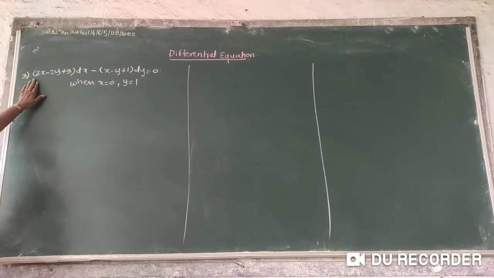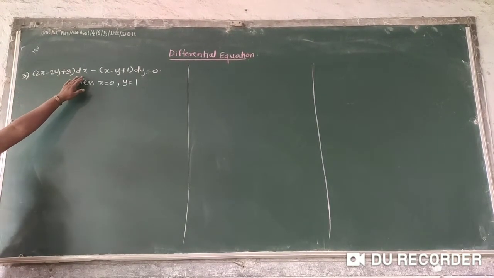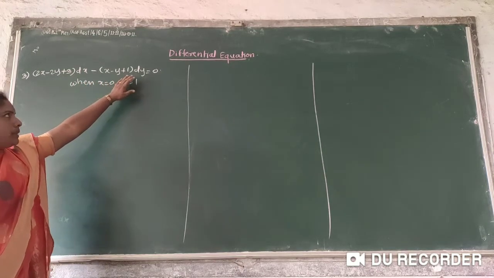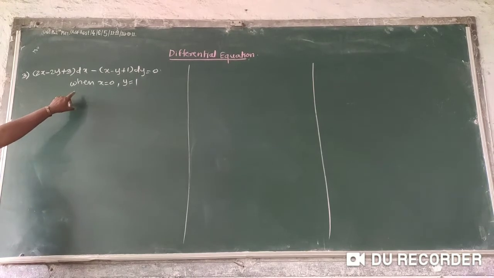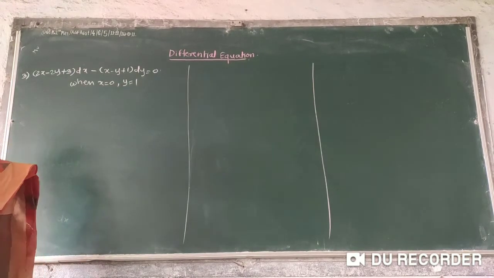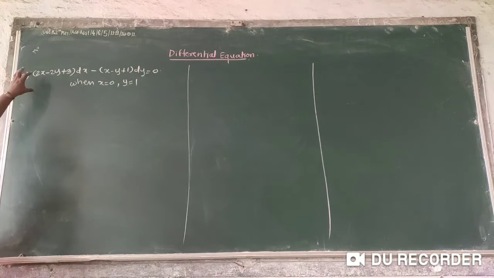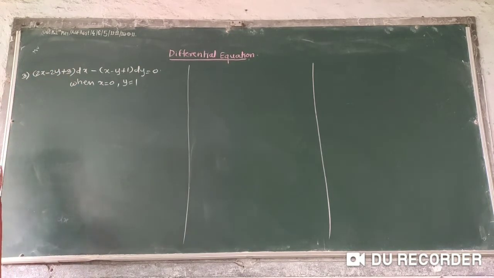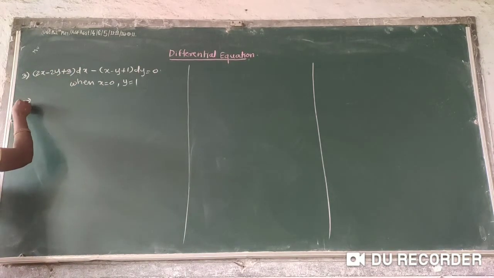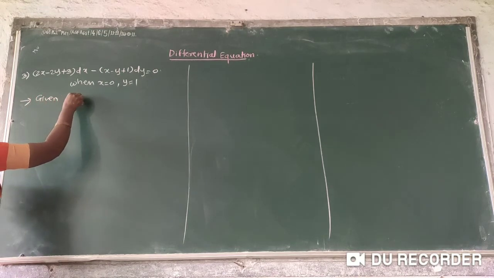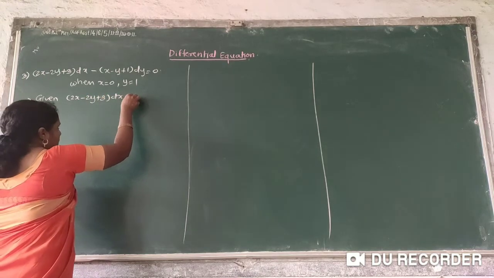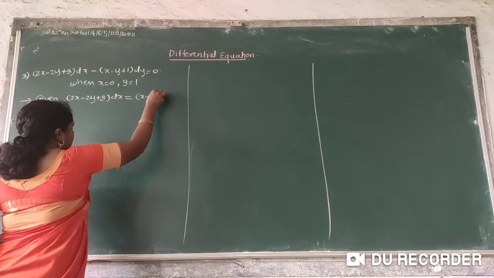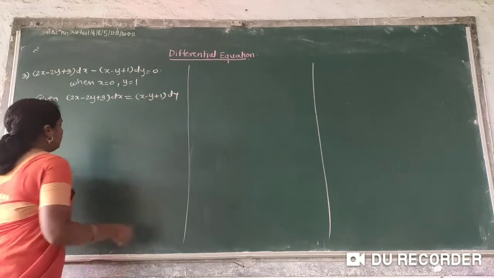Third example is (2x minus 2y plus 3) dx minus (x minus y plus 1) dy equal to 0. And here we have to find the particular solution when x equal to 0 and y equal to 1. First, we have to write the value of dy by dx. Given (2x minus 2y plus 3) dx is equal to (x minus y plus 1) dy.